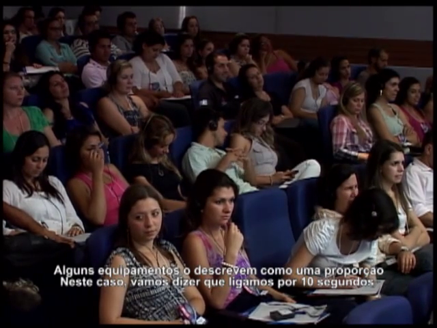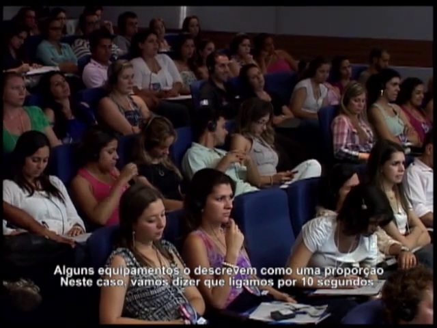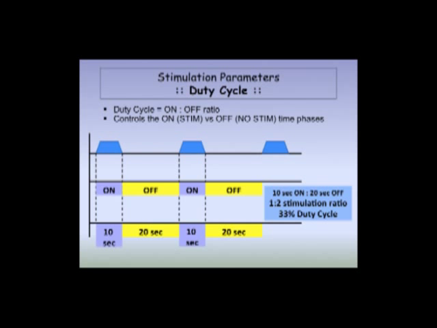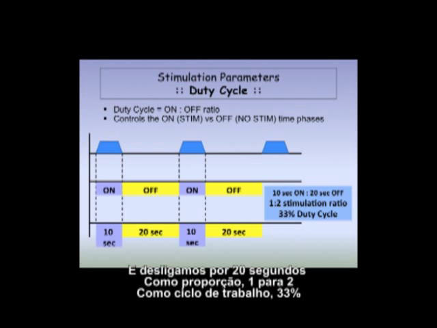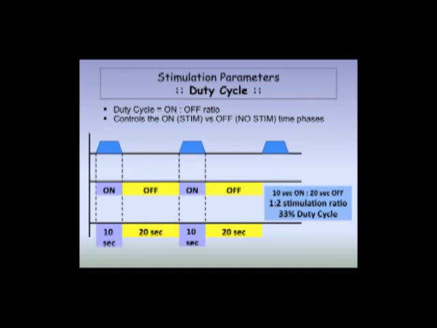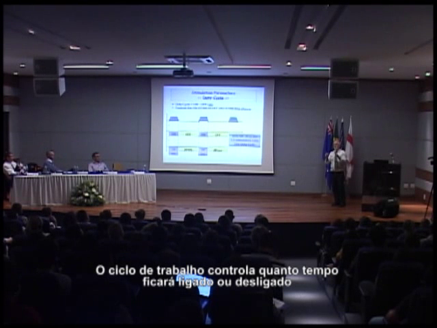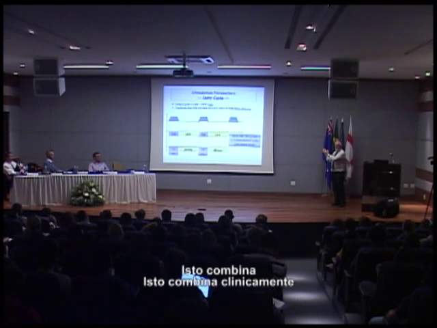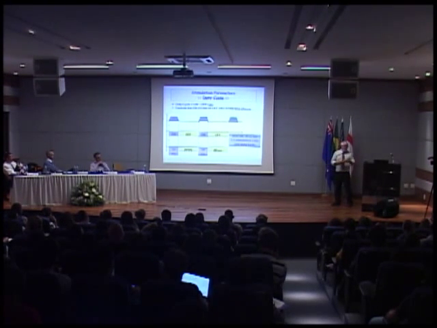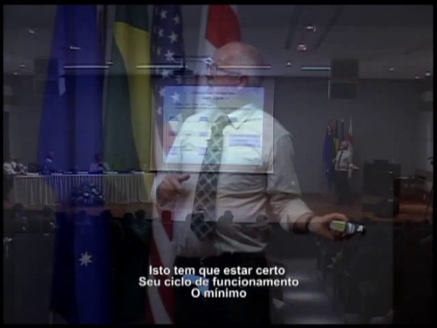So in this case, let's say we go on for 10 seconds and we go off for 20 seconds. As a ratio, that's 1 to 2. As a duty cycle, that's 33%. So your duty cycle controls how much time is on, how much time is off. That matters clinically because you need to get that right.